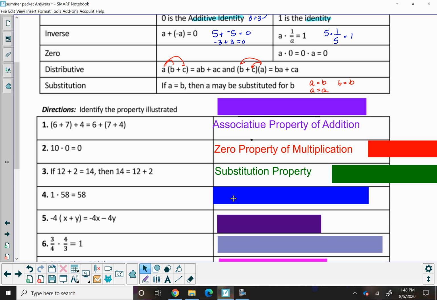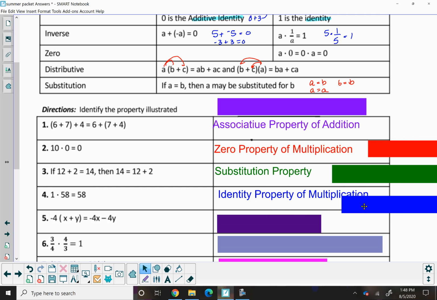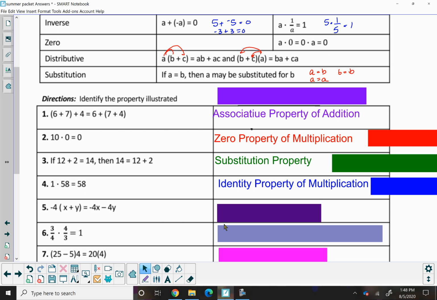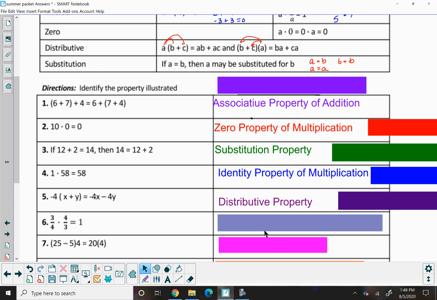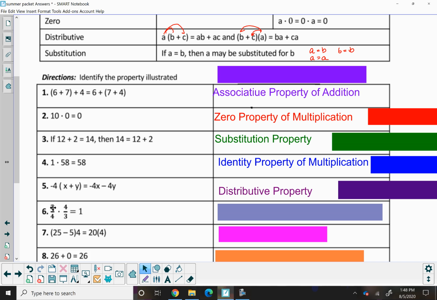Okay, the next one. 1 times 58 equals 58. Well, I know that's the identity property of multiplication. The next one. Well, I distributed the 4 in, so I know that's the distributive property. This one, 4 thirds times 3 fourths, those cancel out, become 1.